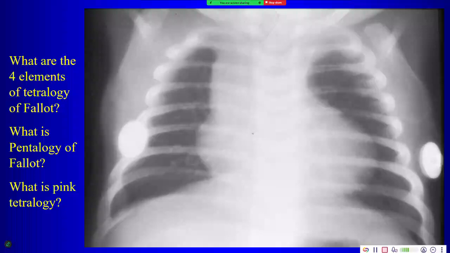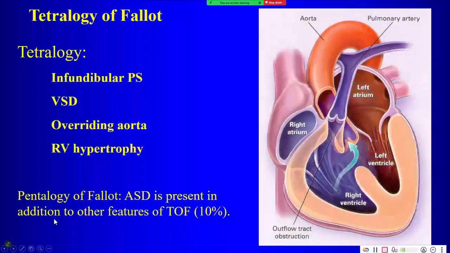So there you have a ventricular septal defect, and you might actually preferentially have left to right shunting because of the ventricular septal defect. In any event, they're not cyanotic because they don't have enough right to left shunting to cause cyanosis. That is pink tetralogy. Okay. So the four elements of tetralogy of Fallot. We've talked about pentalogy already. Okay.